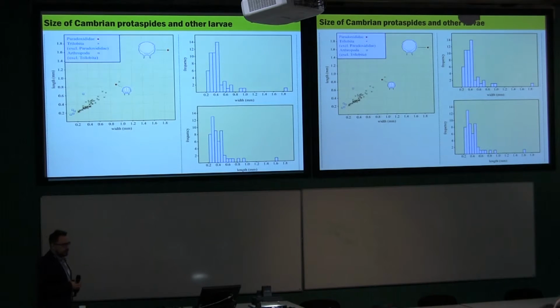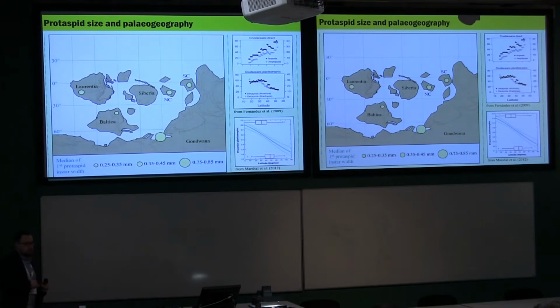And we actually think that this larger size could be caused by the fact that they were lecithotrophic. They had a lot of yolk in the eggs, so they grew comparatively larger than closely related species.